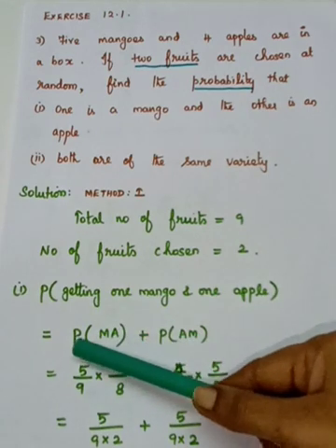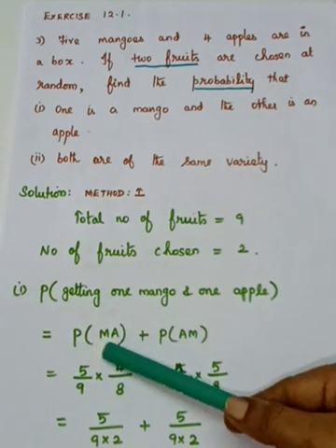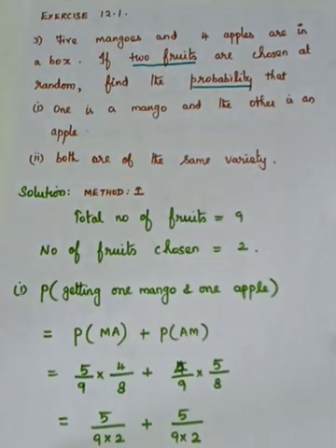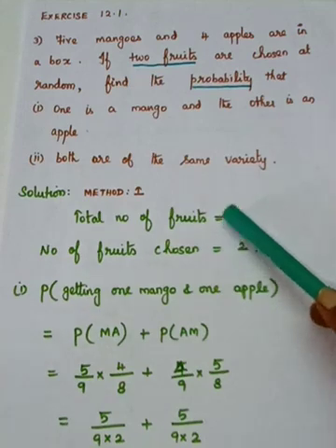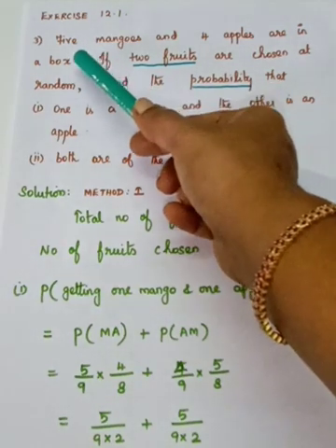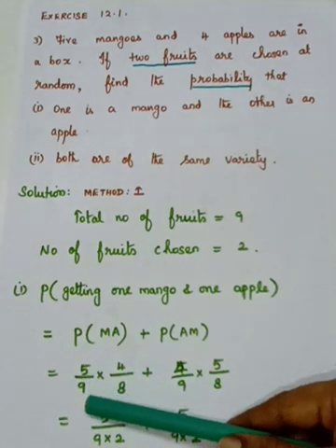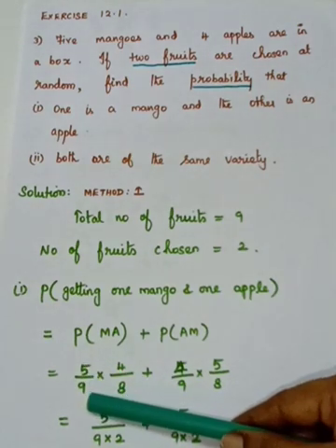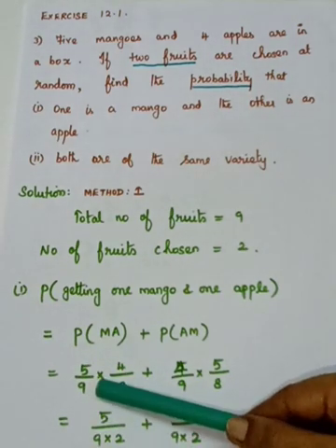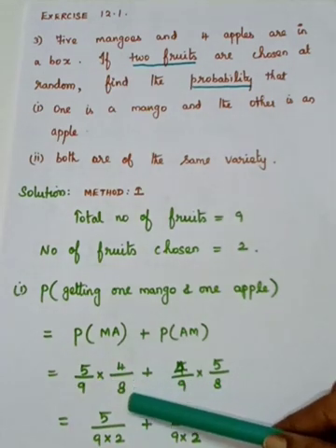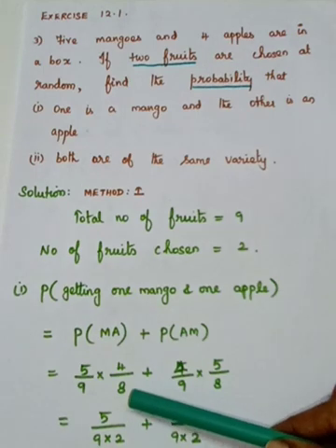So, here we can write probability of M. What is the probability of getting mango? You see, totally how many fruits? It is 9 fruits. Okay, how many mangoes are there? 5 mangoes. So, therefore, the probability is 5 by 9. Okay, so when you go for the second fruit, already 1 mango is taken from 9 fruits.